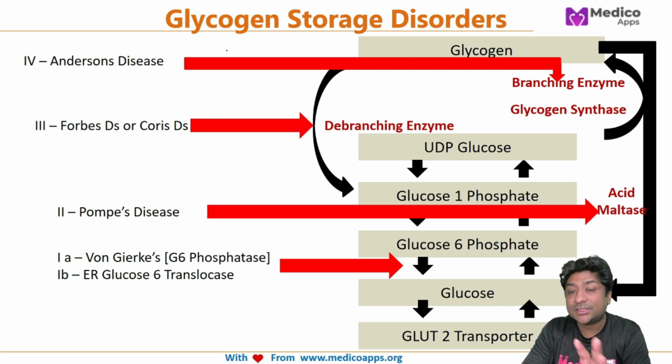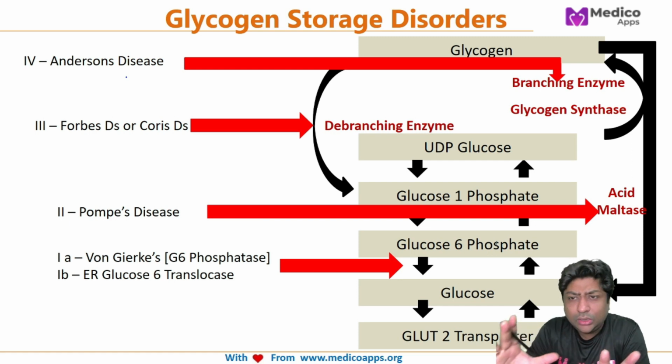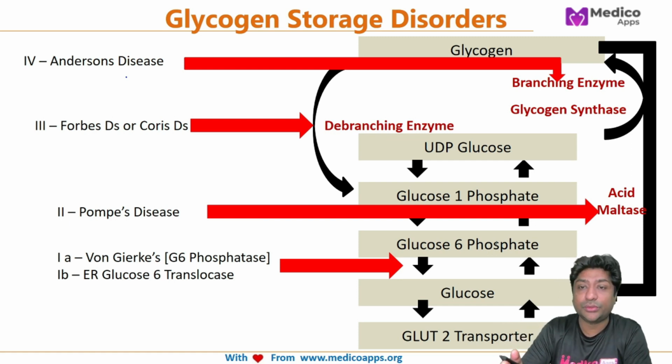Now the next set of disorders is when the branching and the debranching enzyme is deficient. Before we understand, I'll tell you another mnemonic. In all the glycogen storage disorders you are going to study, such as von Gierke's and Pompe's, the glycogen which is stored is normal in character. Only an increased amount of normal glycogen is stored.